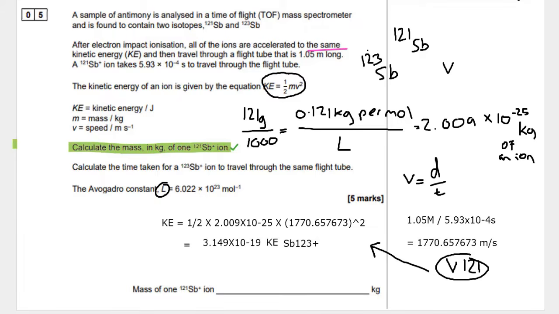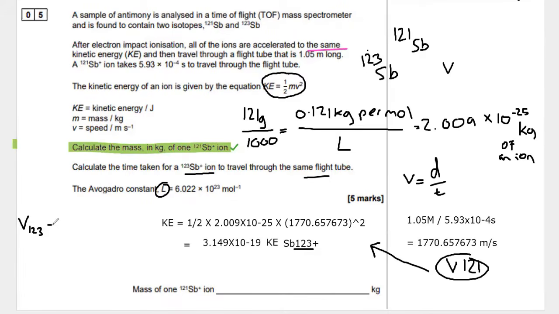The aim of this next part of the question is to calculate how long it takes for that ion to travel down the same flight tube. We need to find the velocity. All the ions have a different velocity, and we would expect this ion, as it's heavier, to have a different velocity. So we need to find its mass and rearrange the KE equation to find its velocity.